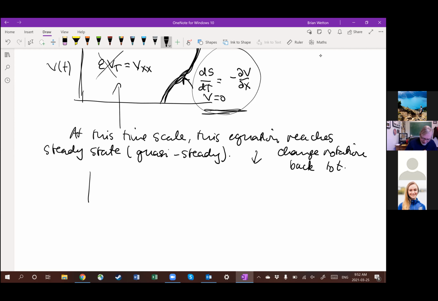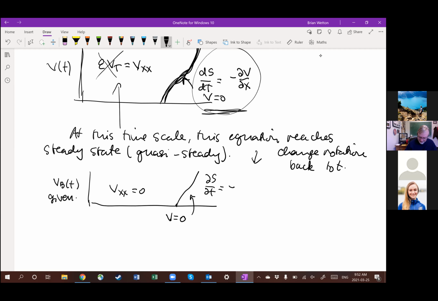So here I'm going to have this boundary temperature. This is going to be given. I've got Vxx is equal to 0 in the region until I get to the free boundary, and then I'm going to have ds by dt is minus dv dx.